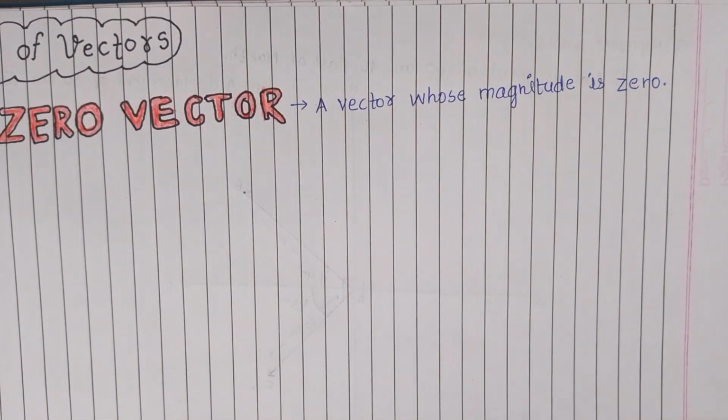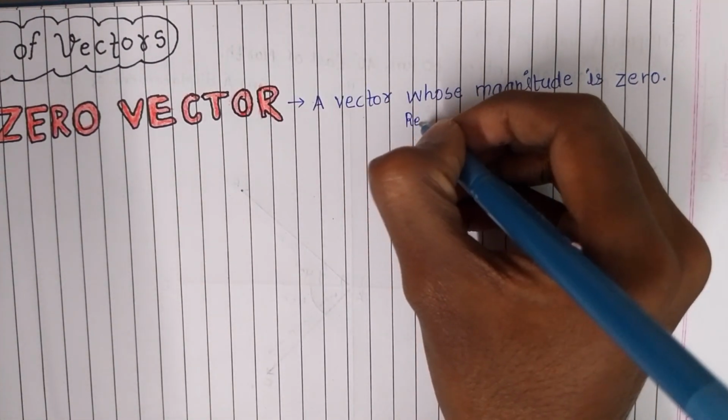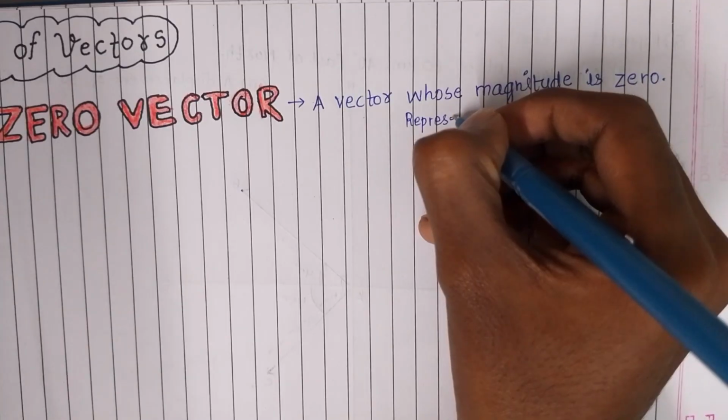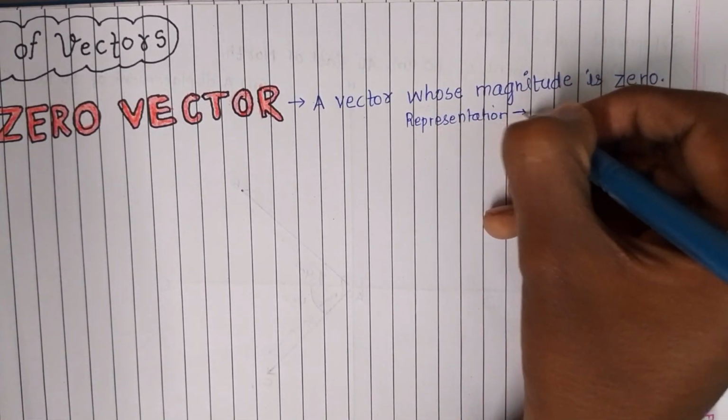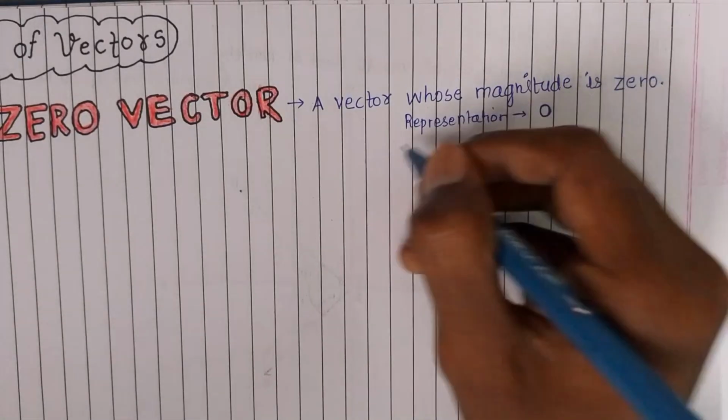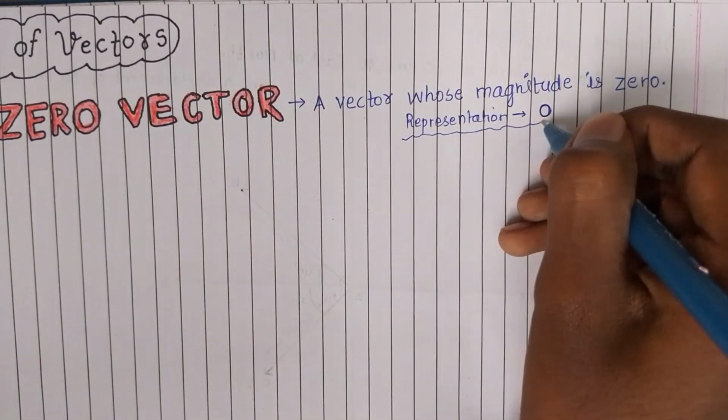Very simple. Zero vector, its magnitude is zero. If someone's magnitude is zero, then how can it be represented? Its representation is actually zero. Done. The simplest one.